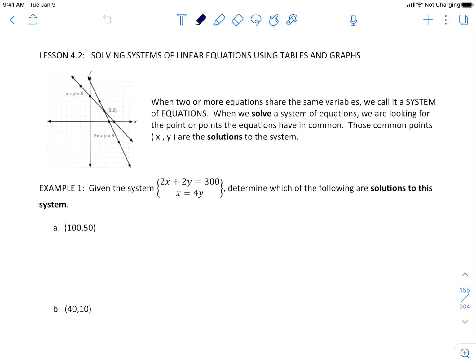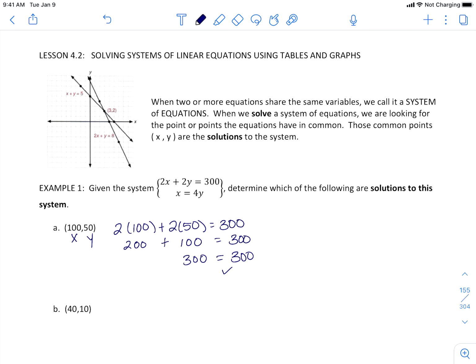So for our first one, remember 100 is our x, 50 is our y. So we have 2 times 100 plus 2 times 50 equals 300. So that's 200 plus 100 equals 300. Well, that gives us 300 equals 300. So that's true. So let's try the second equation.